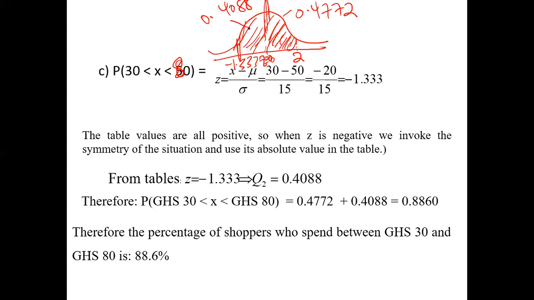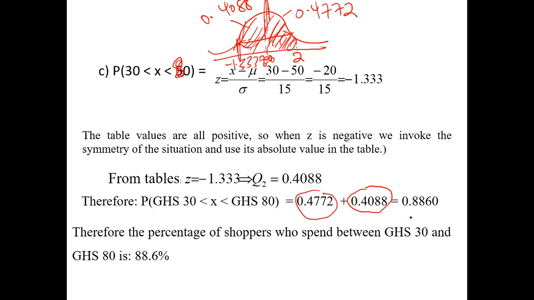Someone is wondering, why did we take the absolute? That's how this table works. Even if it's negative 1.33, you can read it as positive, because it essentially gives the probability from 0 to the z-score. So we are looking for this whole space, which means we can conveniently add the 0.4088 to the 0.4772.